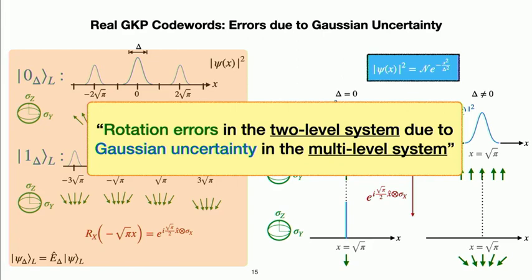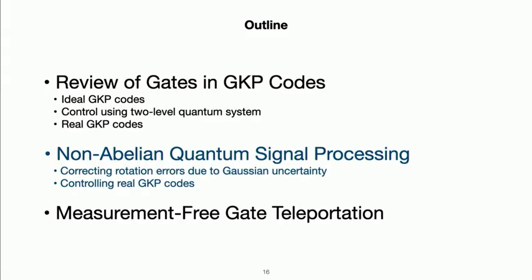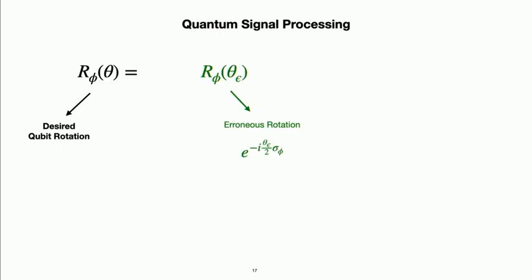So essentially here, what we have is rotation errors on the qubit of the two-level system due to Gaussian uncertainty in the multi-level system. And this is where quantum signal processing comes into the picture. So quantum signal processing, in very simple terms, gives you a desired rotation, given you have access to some erroneous rotation.